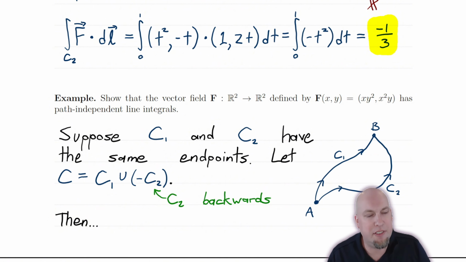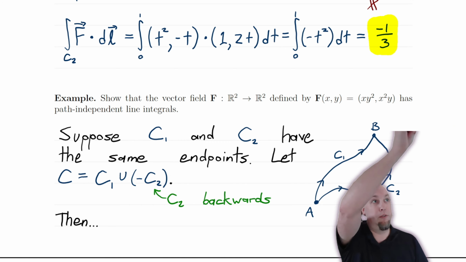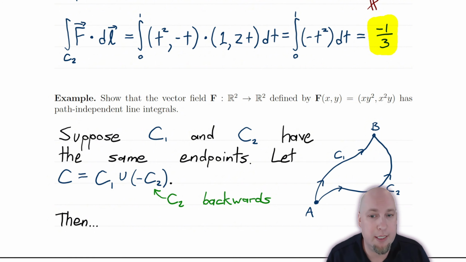By negative C2 I mean the curve C2 oriented the other way, so that it's not going from A to B, it's going backwards from B back to A. So when I union these two together, I get a closed loop. It's going from A to B, but then back to where it started.